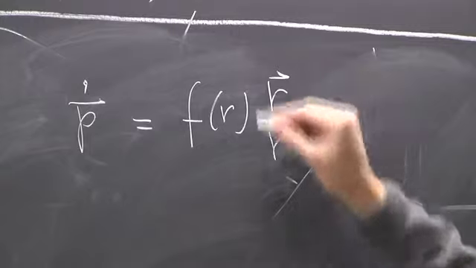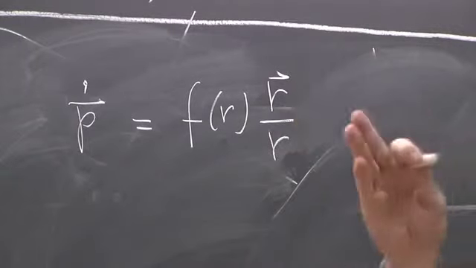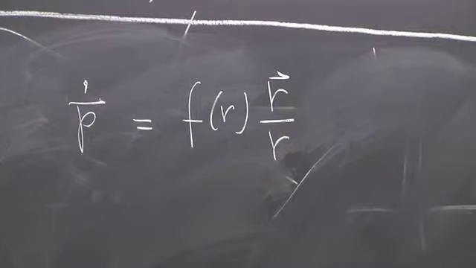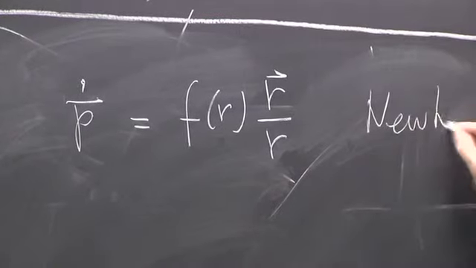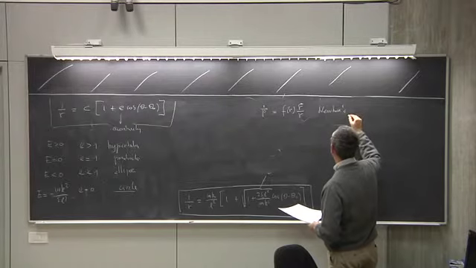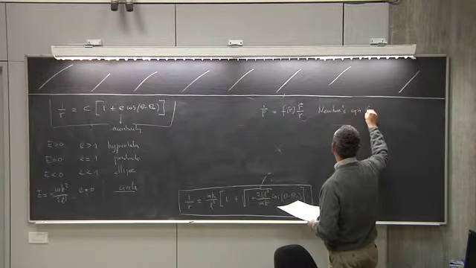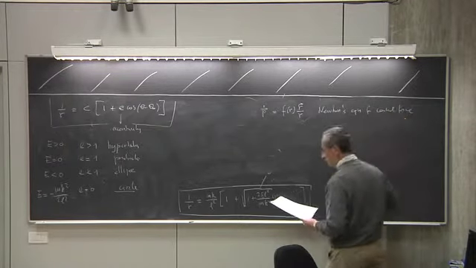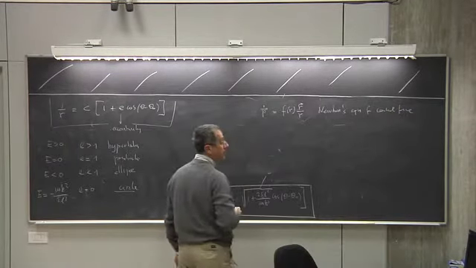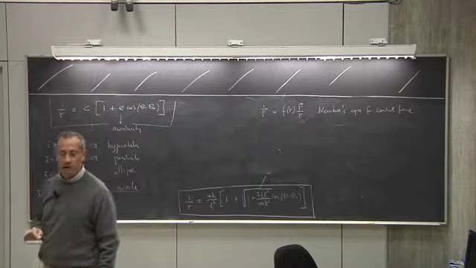So this is like a unit vector, right, pointing in whatever direction. So this is a general way I write Newton's equation for a central force, by definition, okay? We all agree.